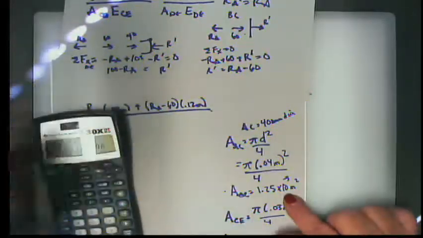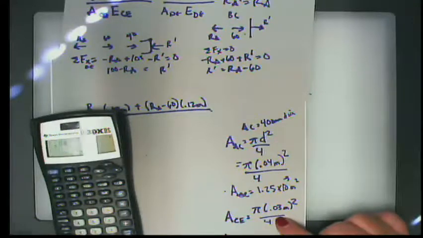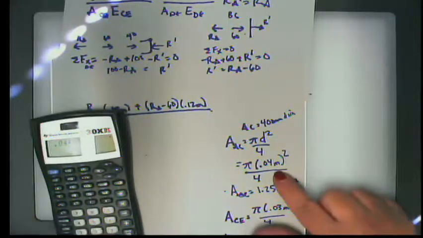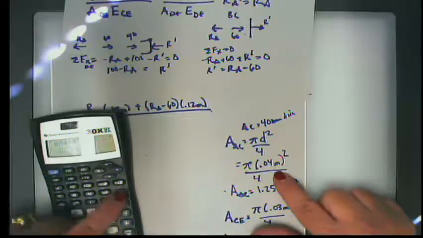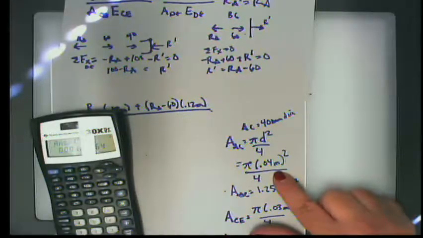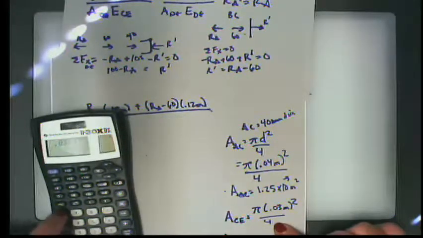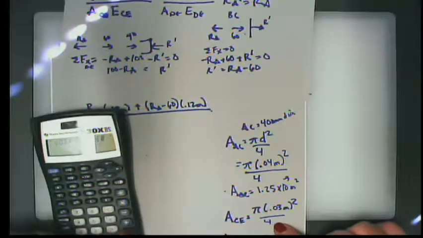I got something wrong here. 0.04 squared times 3.1416 divided by 4. Okay, that answer is correct. 0.03 squared times 3.1416 divided by 4 equals.